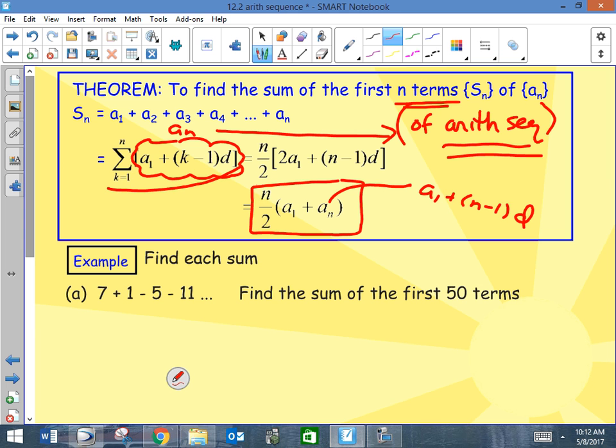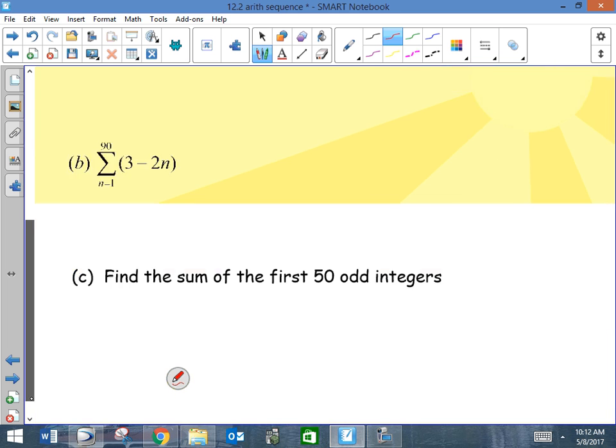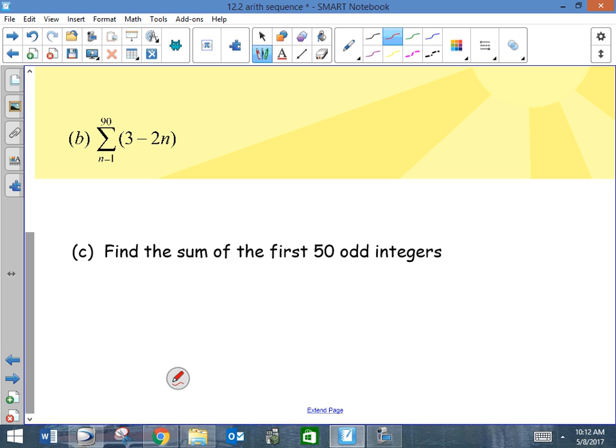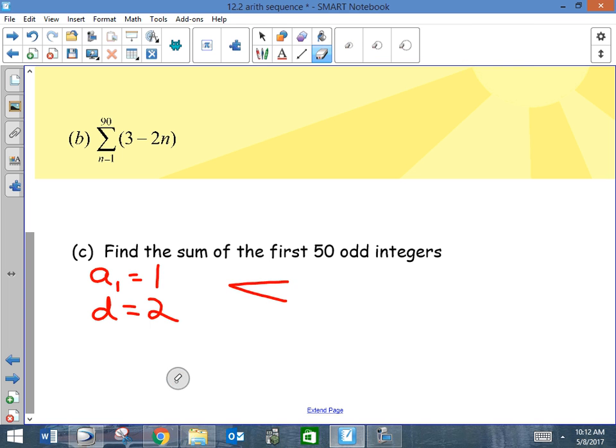So I'm going to go back down here. Find the sum of the first 50 odd integers. What's A1? First odd integer, 1. What's D? 2. Okay? So we are going to find the sum of first odd integers.